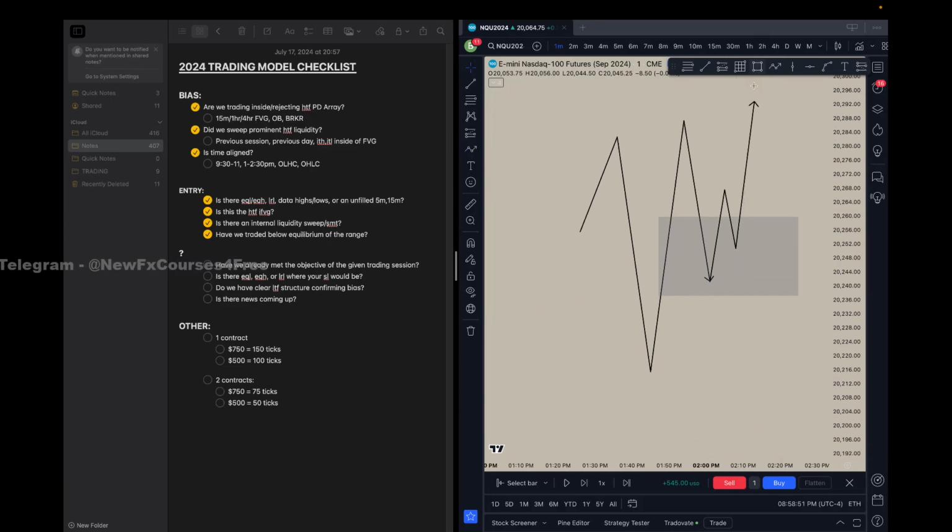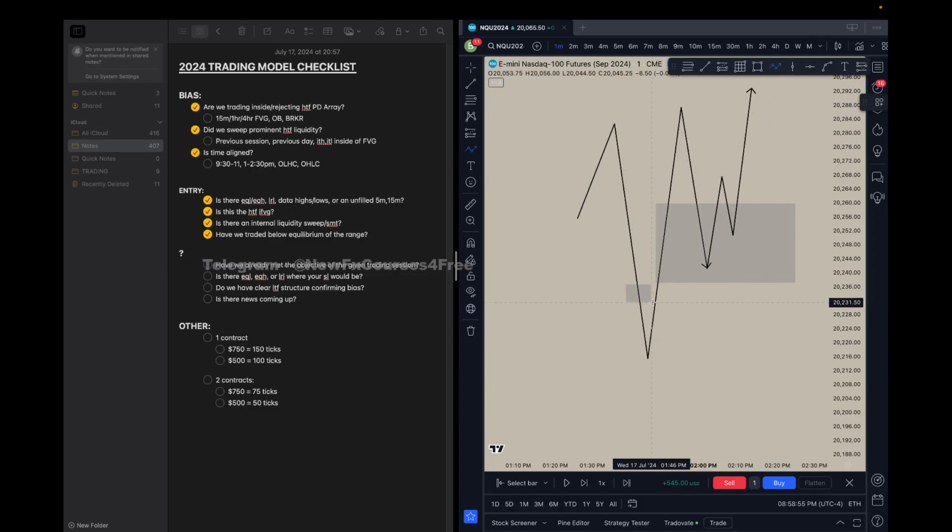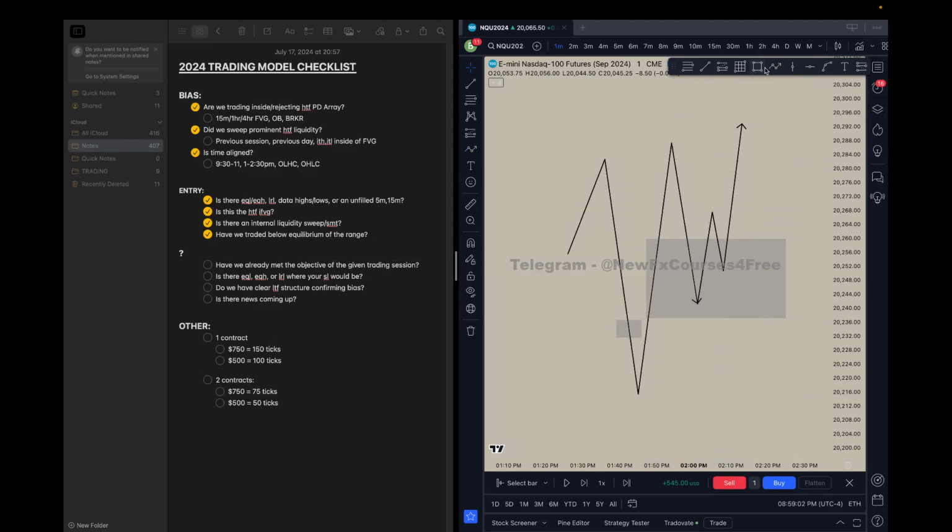I won't usually get in off the first inversion because I like waiting for that manipulation leg, because it always is possible. If we end up getting that V-shape recovery, I'll then wait for a lower time frame entry, or people call it the second distribution stage of the buy model. So I'll wait for that. All right.